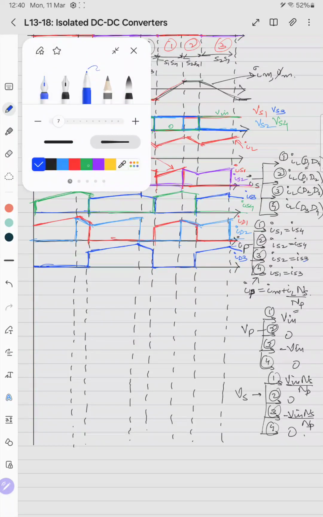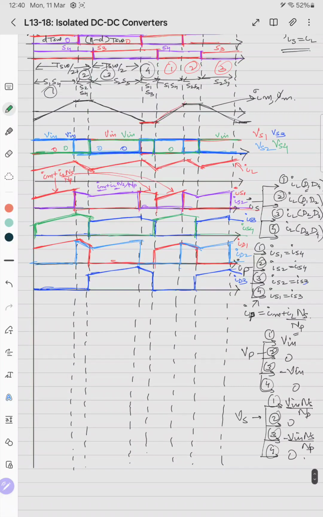Now ID4 happens in case 1 and 4 only. So we'll draw 1 like this. And like this. Then 1 and 4. This is ID4.